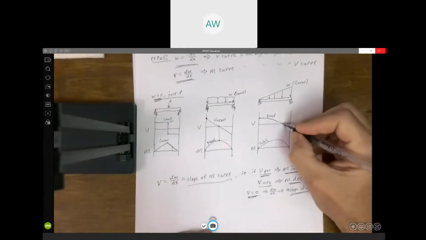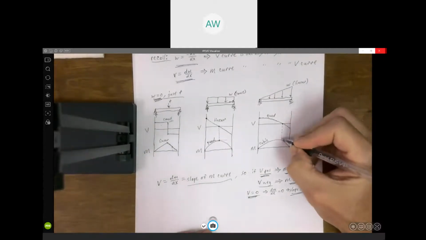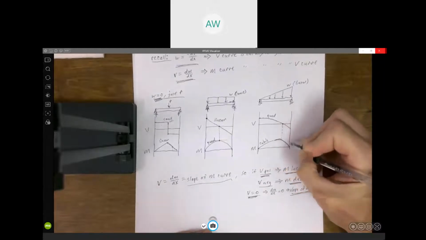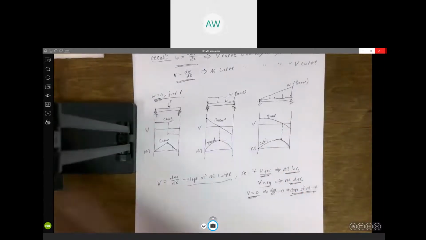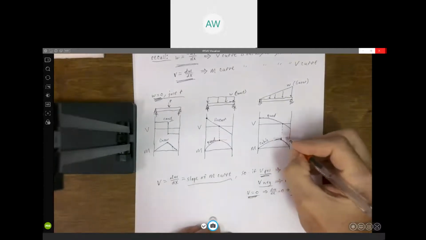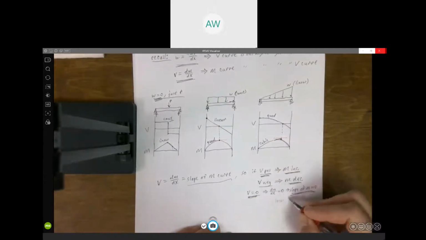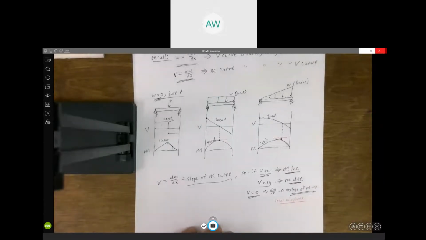Likewise for this one, pretend like it's 0 there. Slope is 0. So that's where you're going to get your local minimum or maximum. All right. Any questions about that?